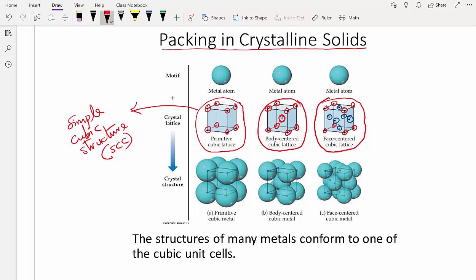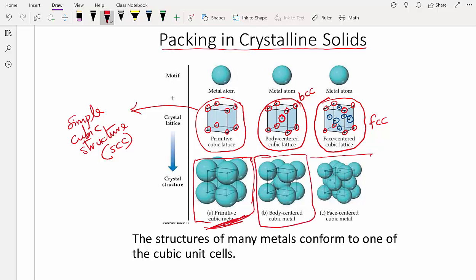Body-centered cubic lattice is also called BCC, while face-centered cubic lattice is also called FCC. The diagram here shows you how the atoms are stacked together to showcase each unit cell.